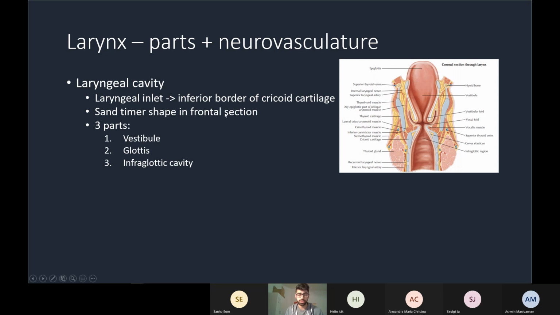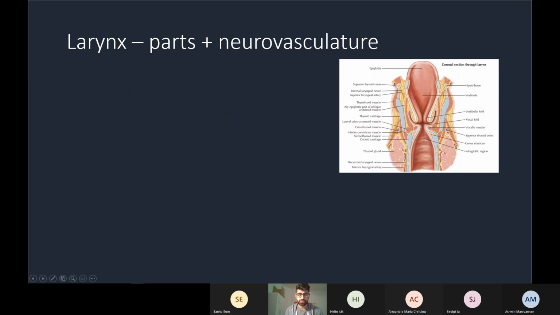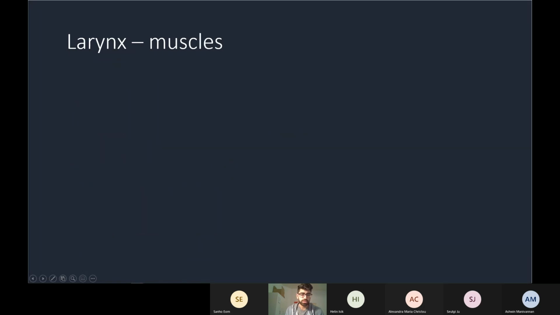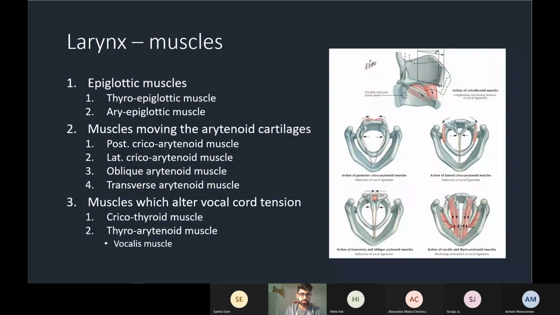So I mentioned, when we talked about, actually I'm just going to go back so it's easy, I should have incorporated this before. This is the fibroelastic membrane. So we have the quadrangular membrane and the conus elasticus. Just remember those: quadrangular membrane, conus elasticus. So now moving forward.